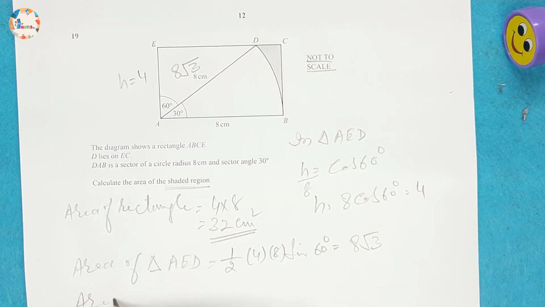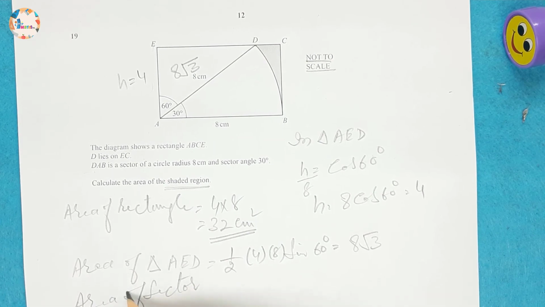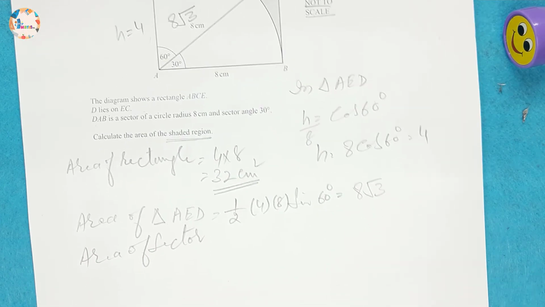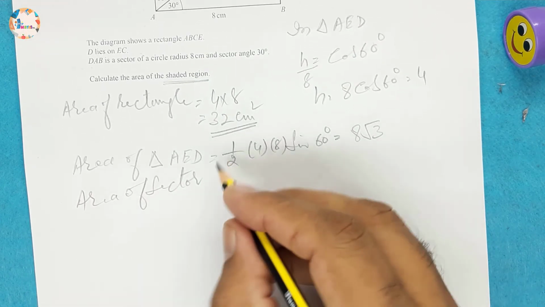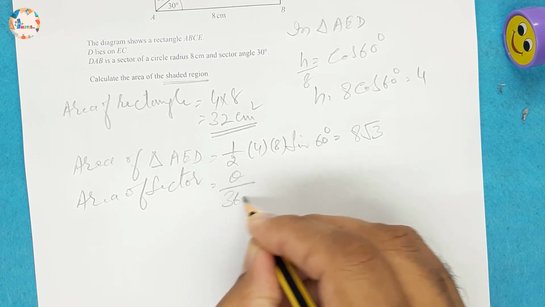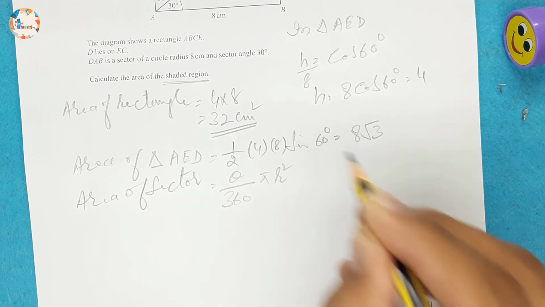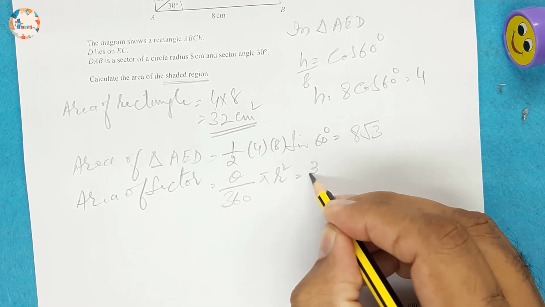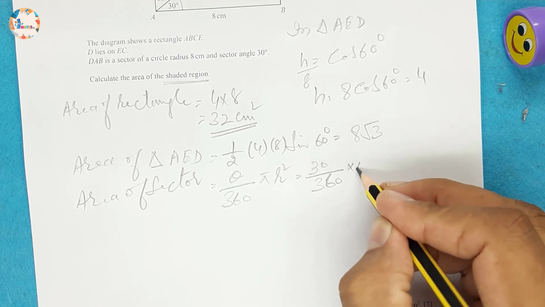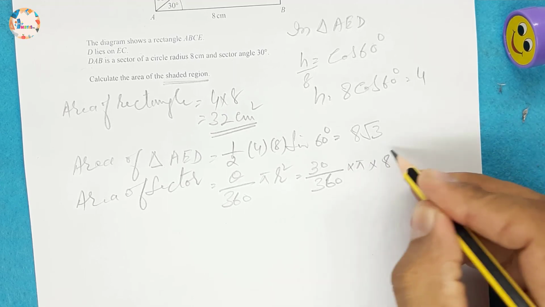Now we can find area of the sector. Area of the sector will be equal to theta over 360 into pi r squared. Theta is 30 degrees, so 30 over 360 multiplied by pi, and r is 8, so 8 squared.